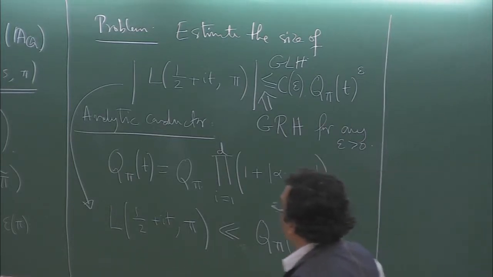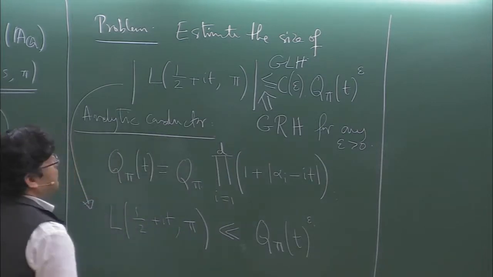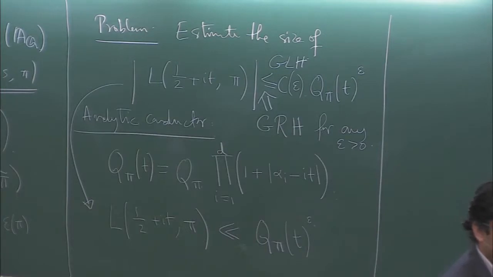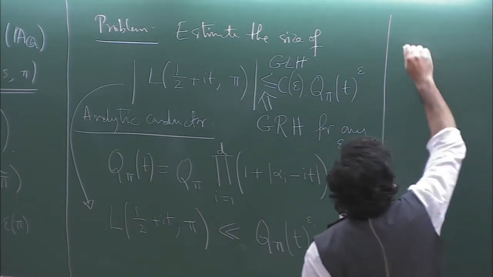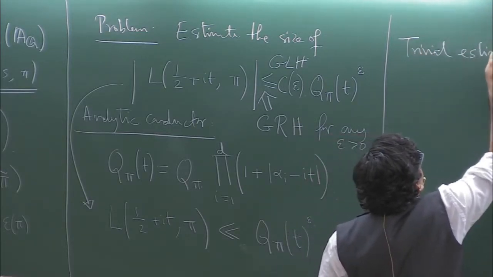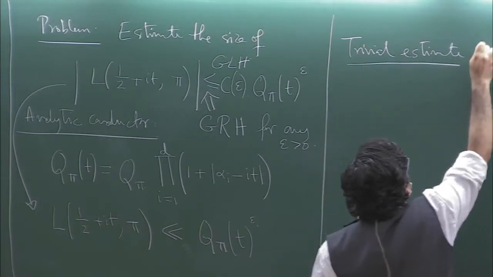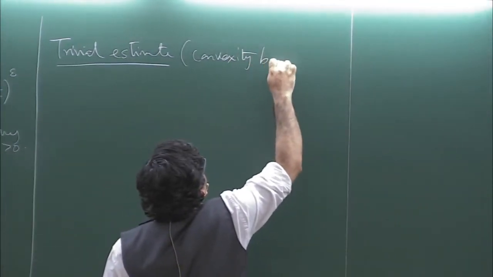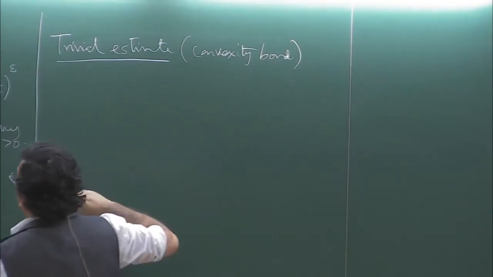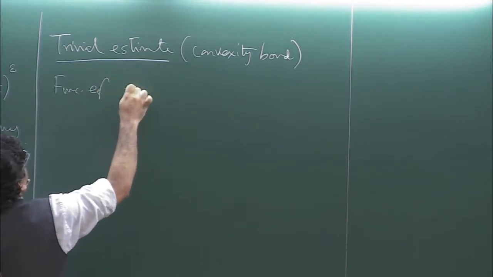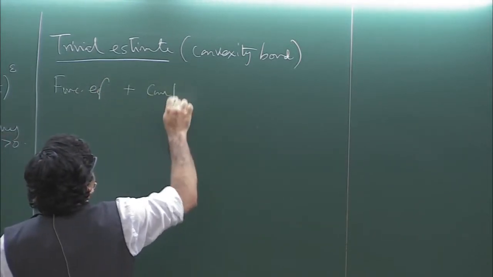So the problem now is to say what the trivial estimate is, and whether we can break the trivial estimate in some cases. The trivial estimate, which is also called the convexity bound, follows from the functional equation plus a little bit of complex analysis.